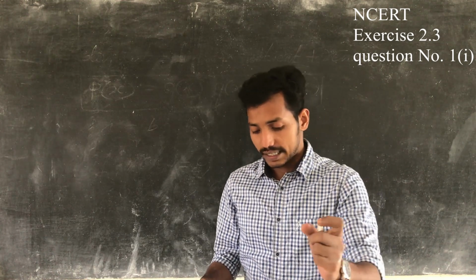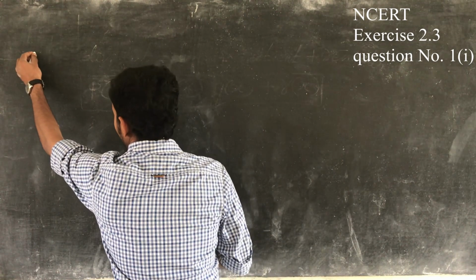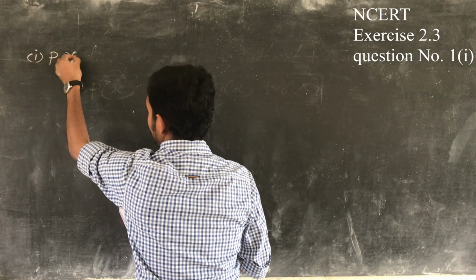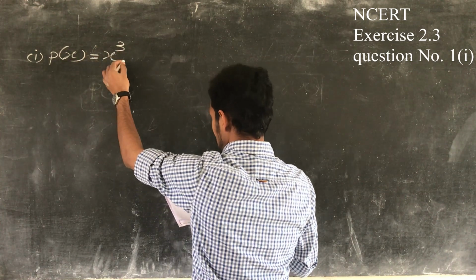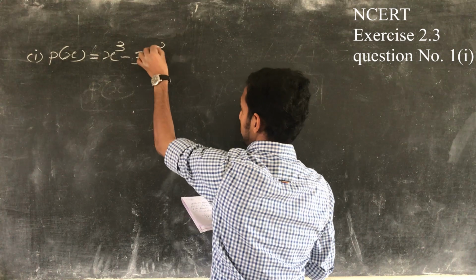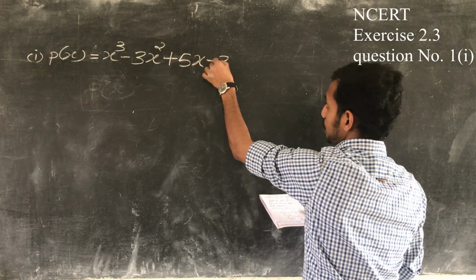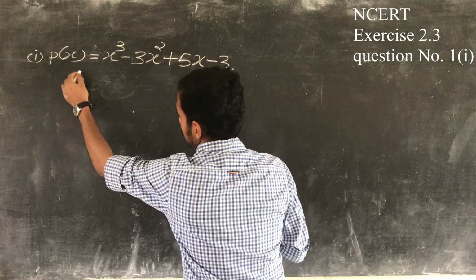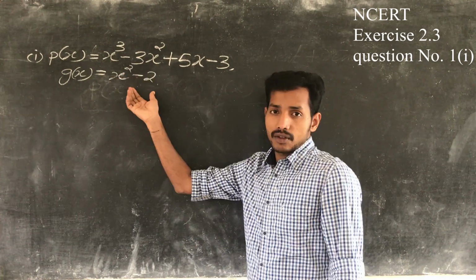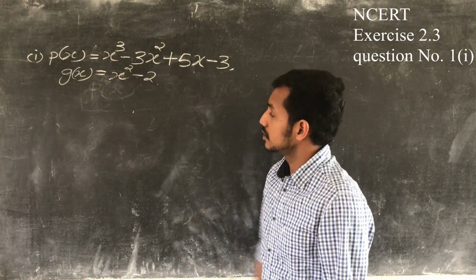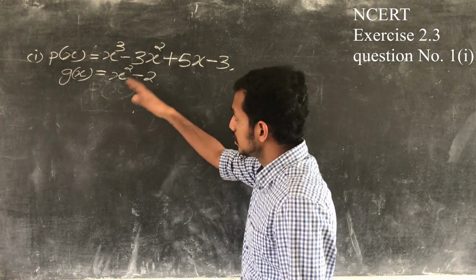Here I am going to take question number 1, option number 1. p of x is equal to x cube minus 3x square plus 5x minus 3, and g of x is equal to x square. Here we have to find q of x and r of x, quotient and remainder.